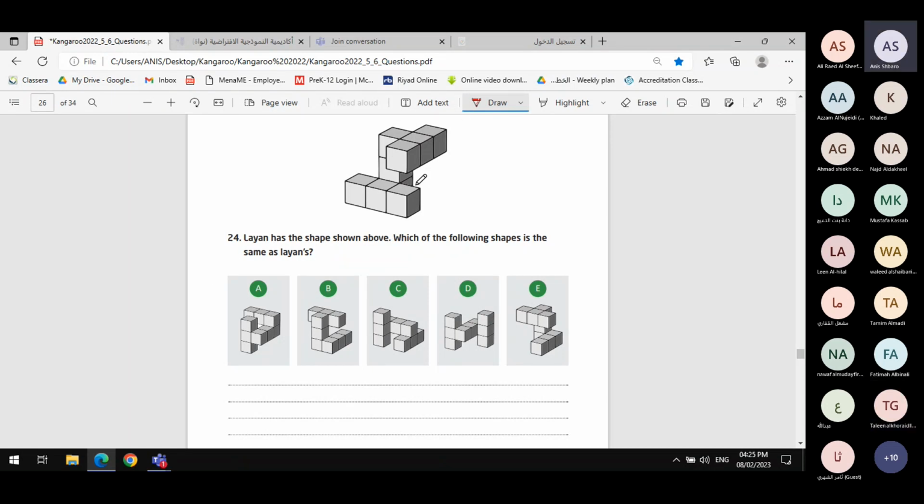Okay, so simply this is the shape that we have, and they flipped our shape, and they want to see which shape is the same. So we are going to start with A. Flip it. I don't think it's A. Okay, why? Because when it's flipped, it's not the same look.